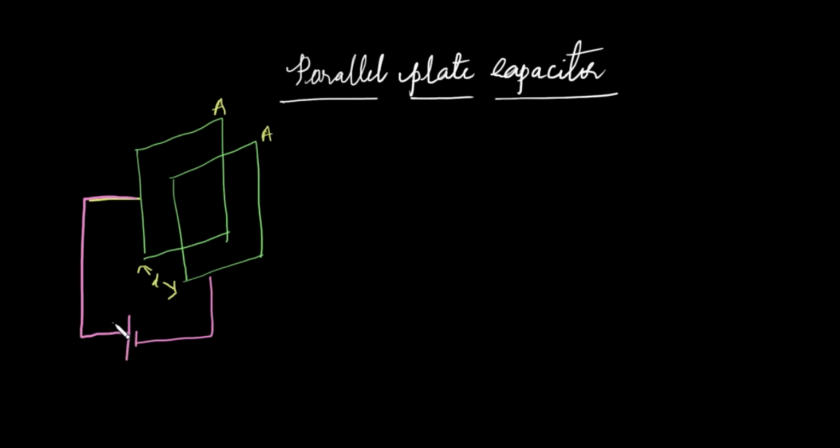Now as this is connected to the positive terminal of the battery, charge will get accumulated here. So positive charge accumulates here, so this plate will get positive charge. As this plate is connected to the negative terminal, it will have negative charge.